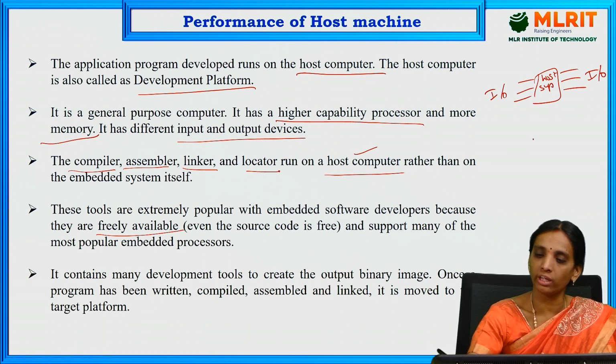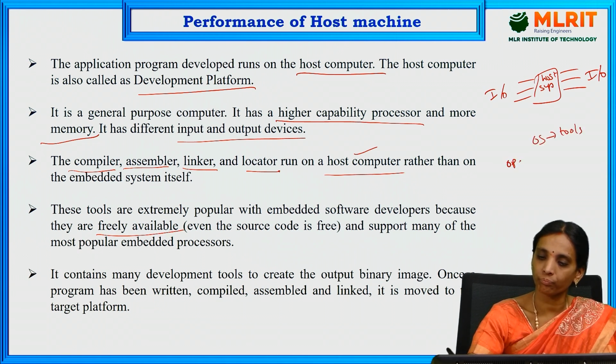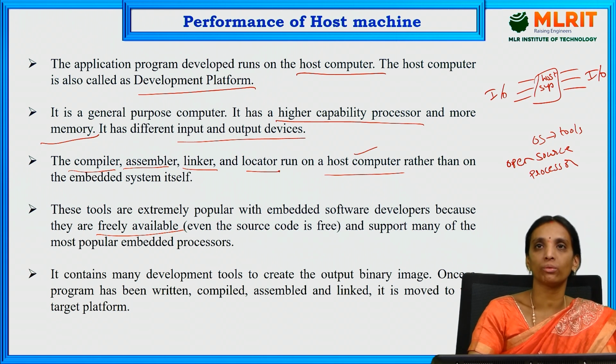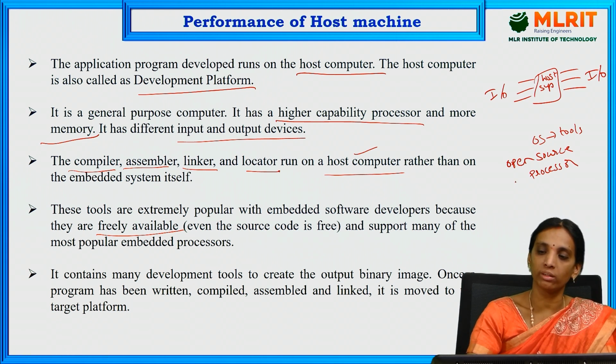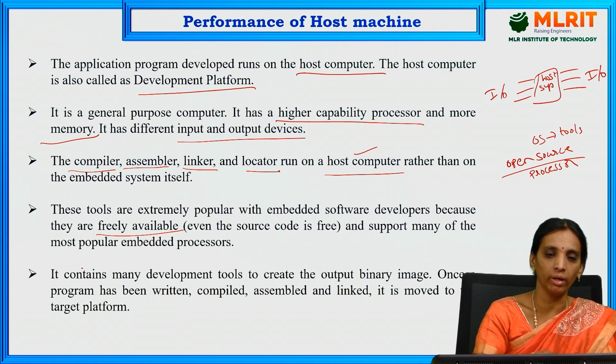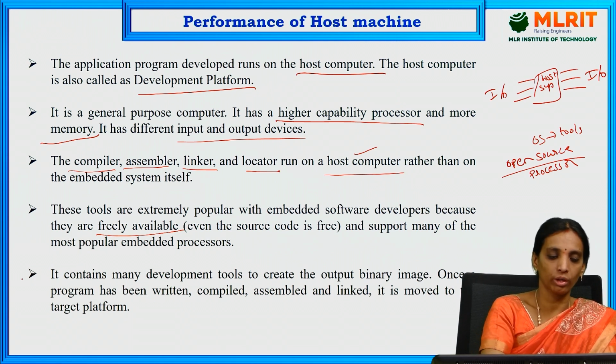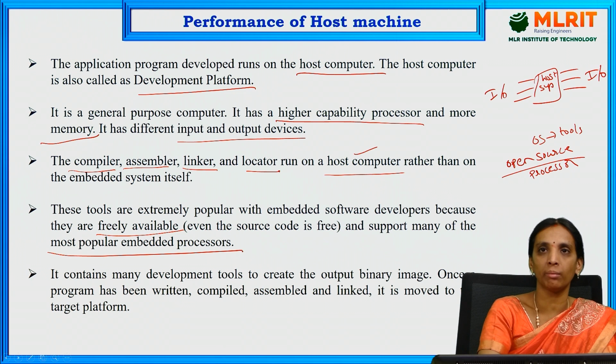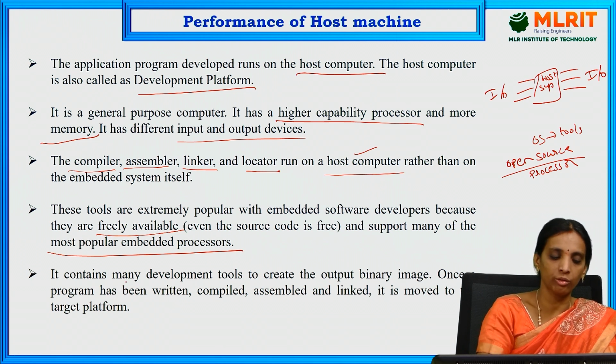We have to check whether any open source tools are available for our particular embedded processor, and if so, we install those open source tools into our host machine, which are freely available on the internet. Those are used for supporting most popular embedded processors. It contains many development tools to create the output binary image.